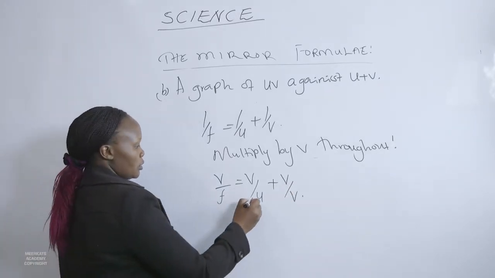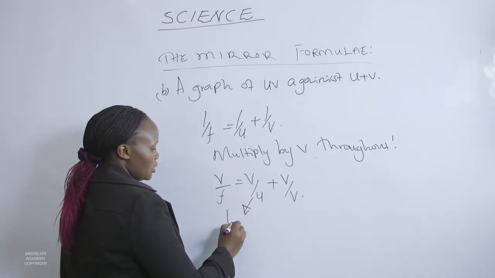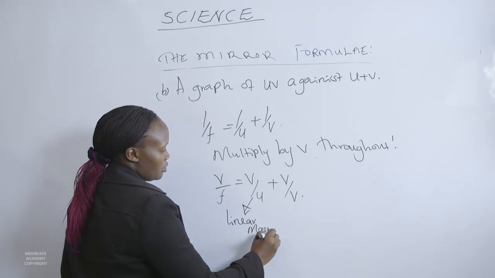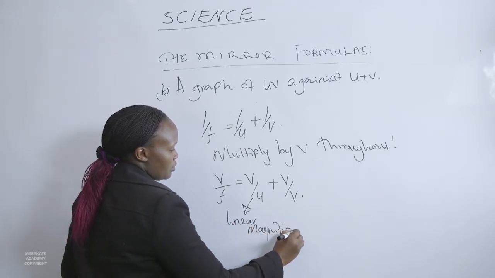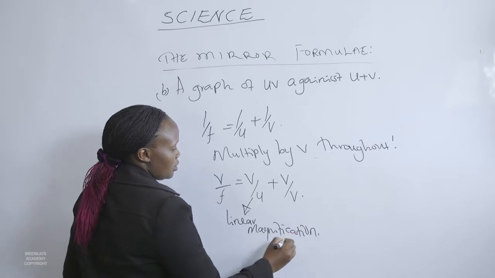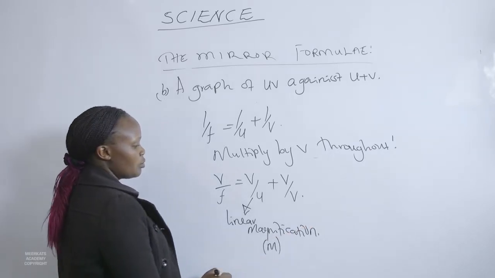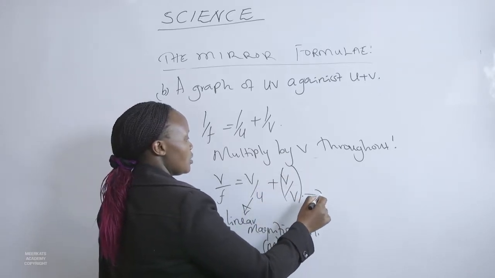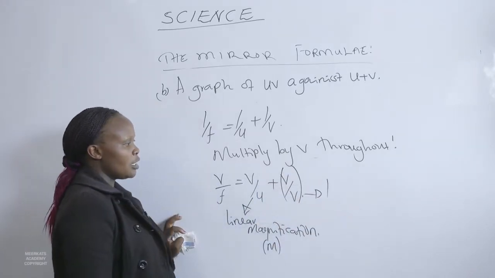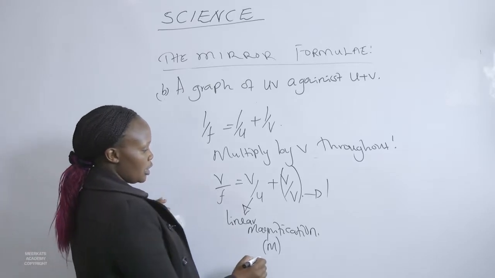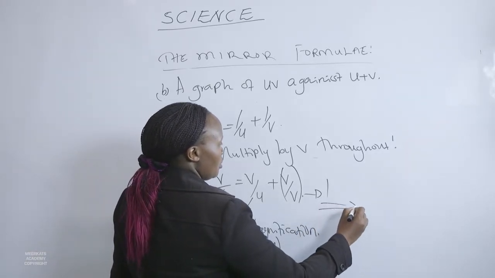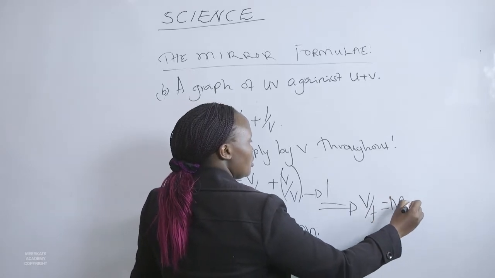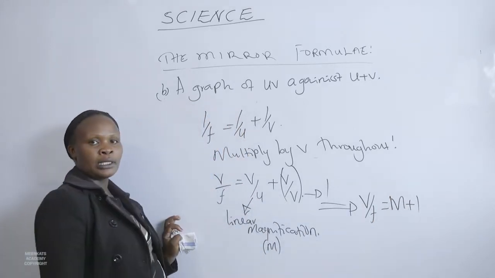Now, this one is linear magnification, or what we call small m. Then this one gives us 1. Therefore, our equation can now be V over F is equal to magnification plus 1.